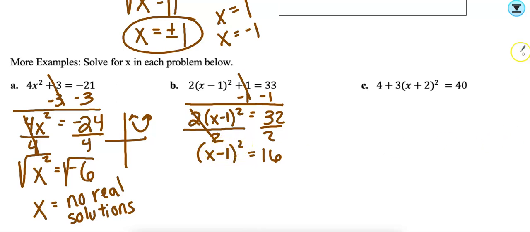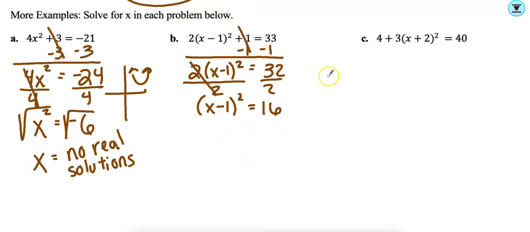Now, if I've got parentheses, I need to square root both sides. The squared and the square root cancel out, leaving you just with x minus 1 under the parentheses, equals plus or minus. The square root of 16 is 4, since 16 is a perfect square, so plus or minus 4. I'm going to do two separate problems to figure out my answer.